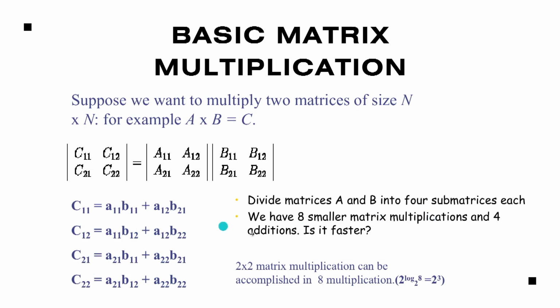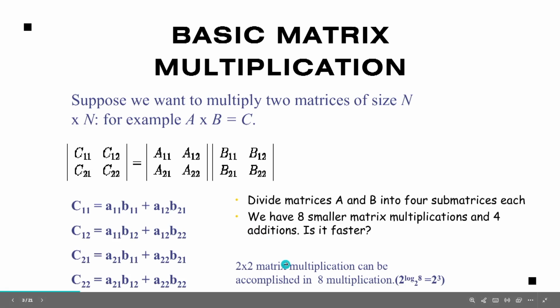So, when you look at the time complexity, the 2 by 2 matrix multiplication can be accomplished with 8 multiplications, and of course that is going to be 2 raised to log 8 base 2, which is roughly 2 cube, and so we say that the complexity is of the order of n cube. This is the routine way of doing basic matrix multiplication.